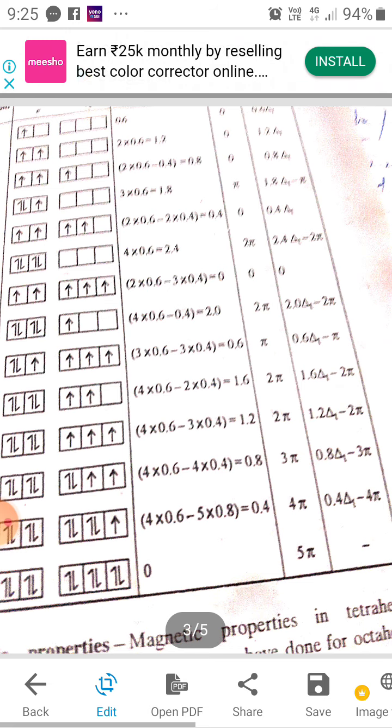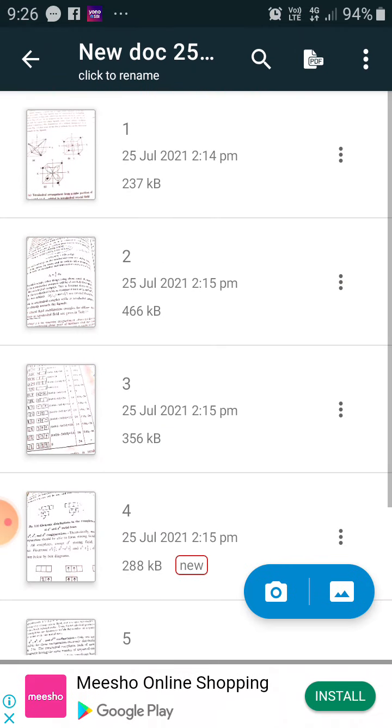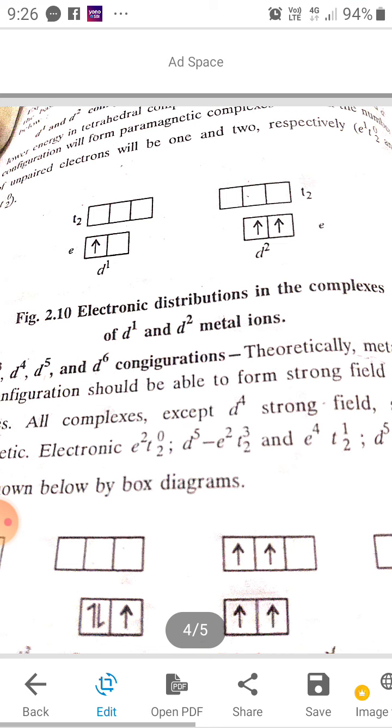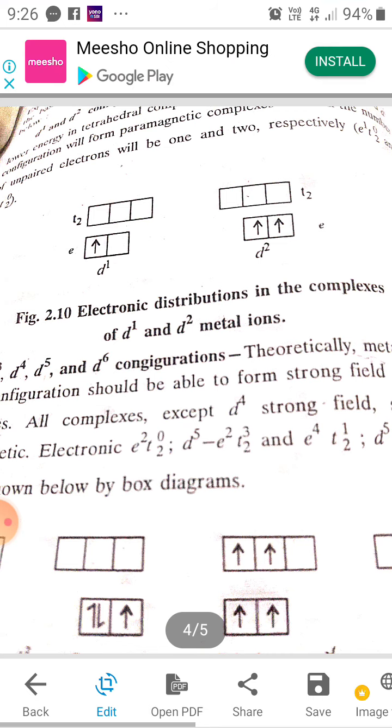Magnetic properties in tetrahedral complexes can be predicted the way we have done for octahedral complexes. That means the magnetic properties are concerned with the color of the complexes.